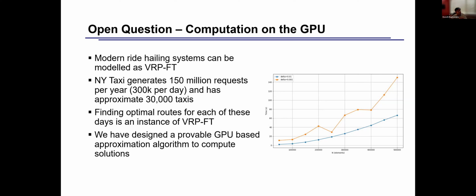And so that gives us the ability to compute these kinds of optimal routes for the large amount of data that exists for New York taxi. And the hope is that one could use those optimal routes and potentially build ML models that could help ride-hailing systems, right? So that's the application side of things.